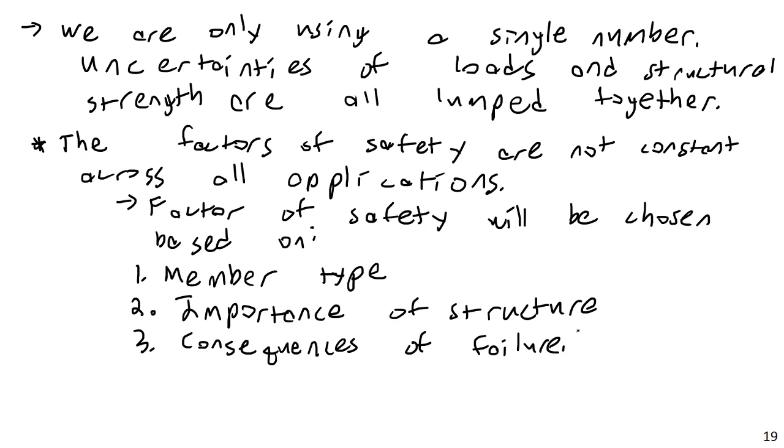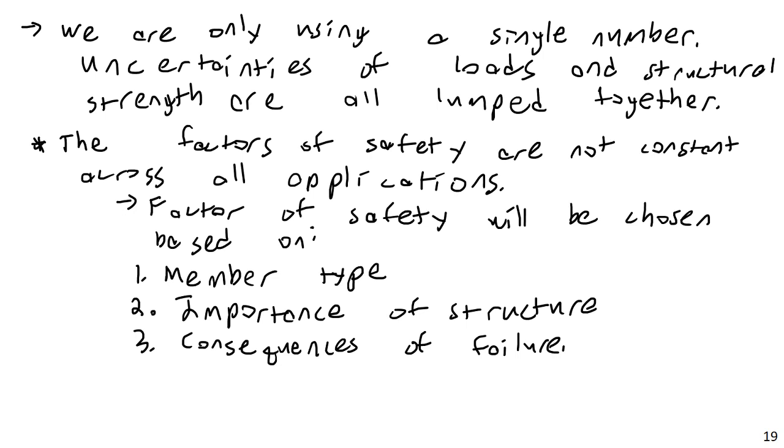Importance of structure. This is an interesting one. Or the structure type. If you get an eye for this, you can often tell what a building was designed for, what its intended use is, just by looking at it. So, the design codes, the building code, has something that's referred to as the importance factor of a structure.